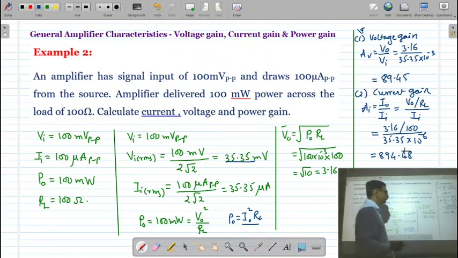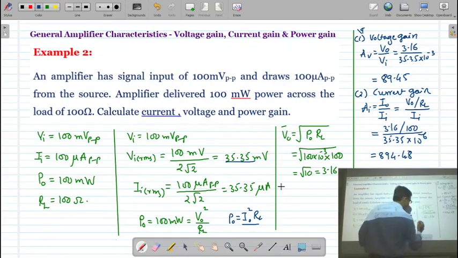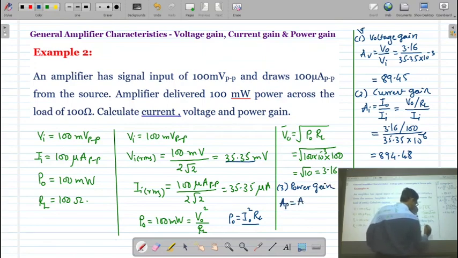Correct? Now, the power gain. Power gain is the product of AV into AI. So, third one is the power gain. AP is equal to AV into AI. So that is 89.45 multiplied by 894.48.